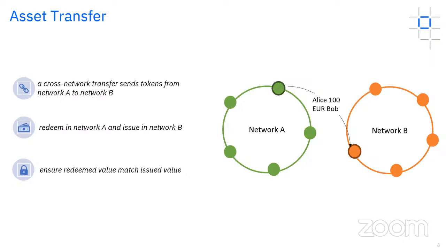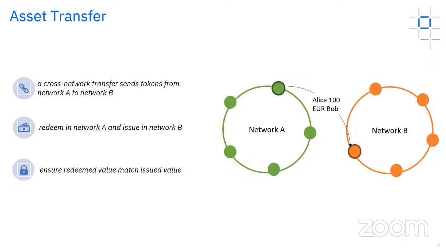However, it's very important to ensure that when Alice sends this asset across networks, the asset is destroyed in her network and created in Bob's network, and that this destruction and creation of the asset is atomic and also preserves value. If, for example, the creation phase in network B fails, Alice should be able to reclaim her asset in some way, to just get back her token.